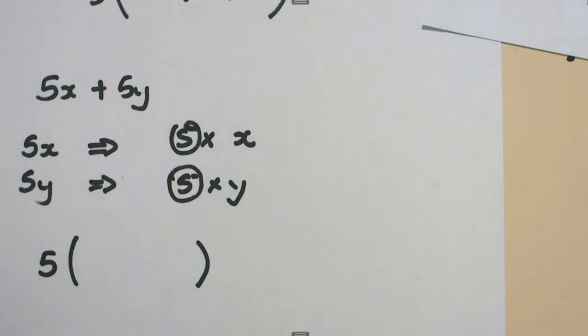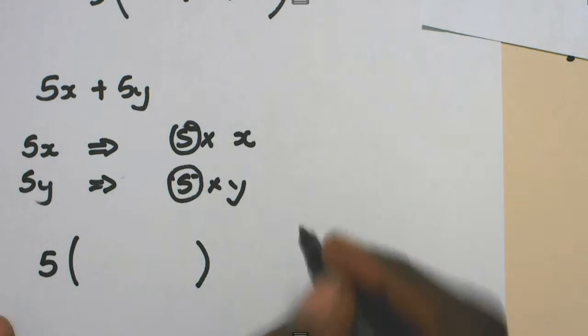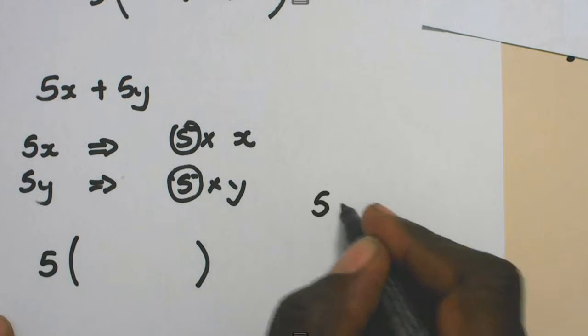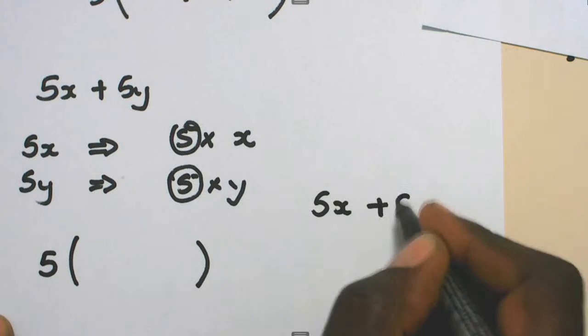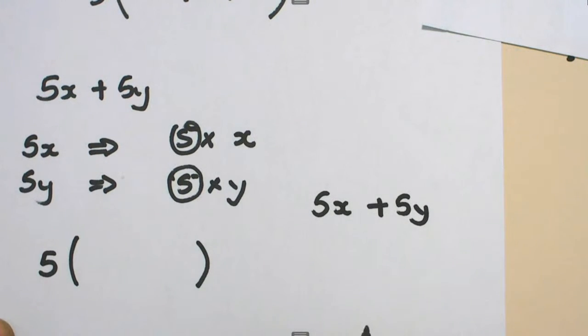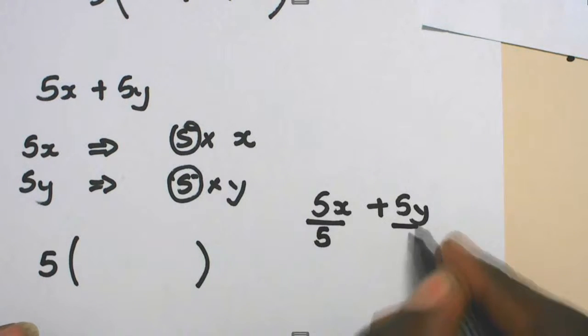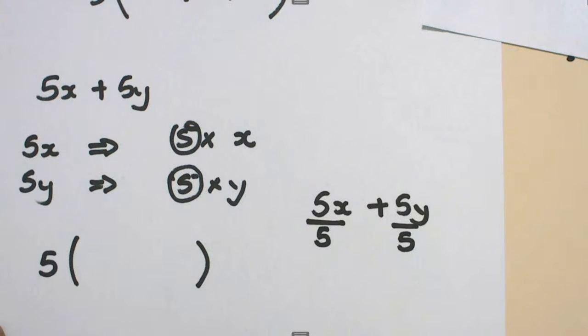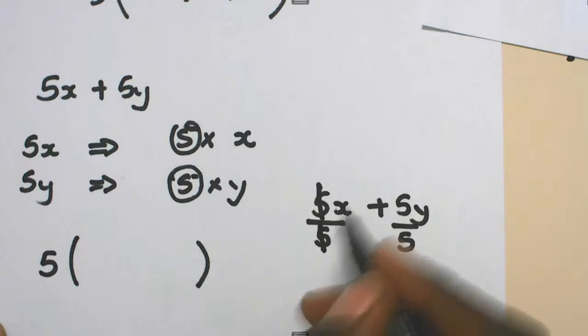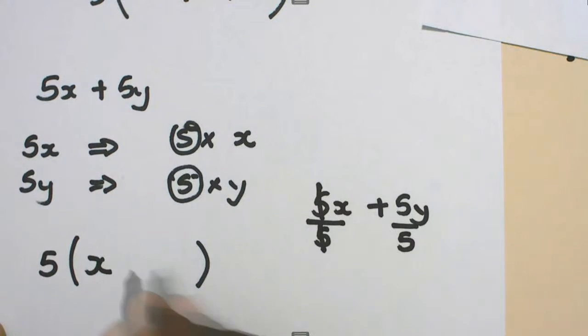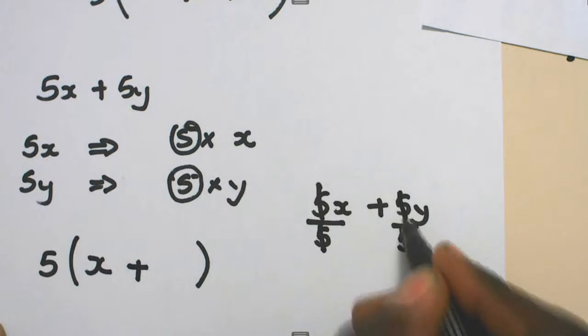This leads us to number 3, which says to find the expression inside the bracket, you divide each term of the original expression by the highest common factor, 5. 5 goes into 5 once, then you are left with x, and then the plus, and 5 divided by 5 leaves y.